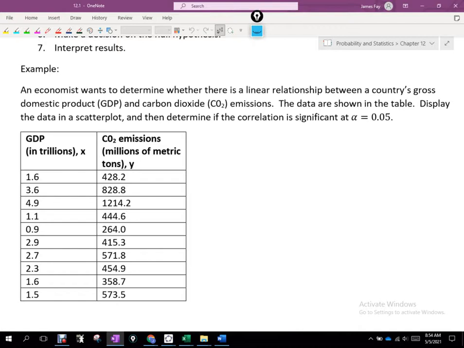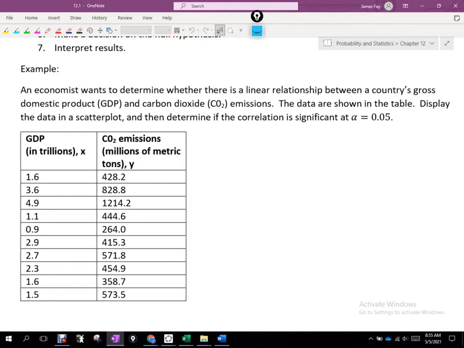Basically, they want to determine if we manufacture more things, which is basically what gross domestic product is saying, does that yield a greater amount of carbon dioxide? Hopefully, from our science background, we have the idea that there could be a direct link between those two. But now we're going to actually run through the test to see if indeed there is.